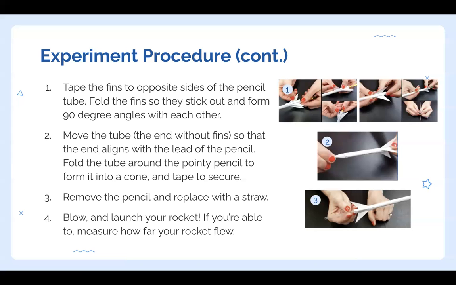And this should be the side of the paper rectangle that is not taped to the fins. And you're going to use a piece of tape to secure the cone so that it stays pointy even when you remove the pencil. And the last step is just to take the pencil out and replace it with a straw, and then go stand in an open area and blow through the straw, and you should be able to see your rocket fly.